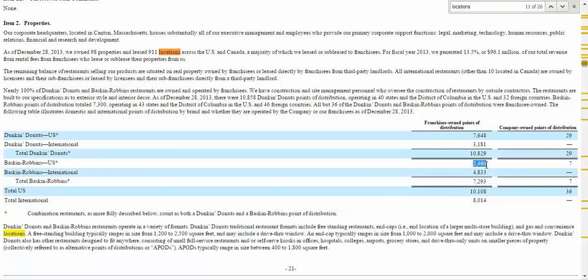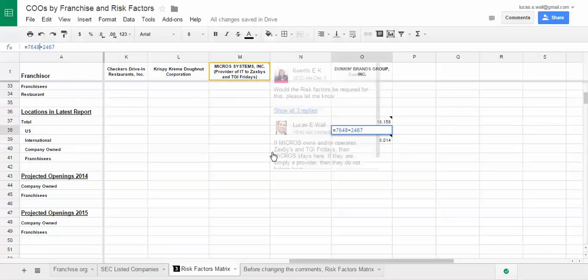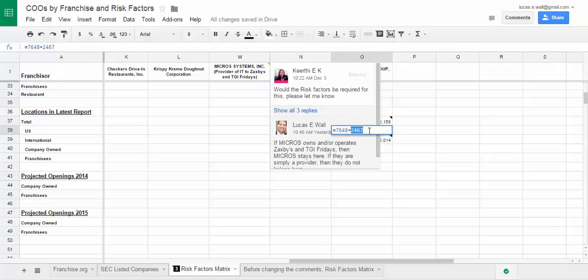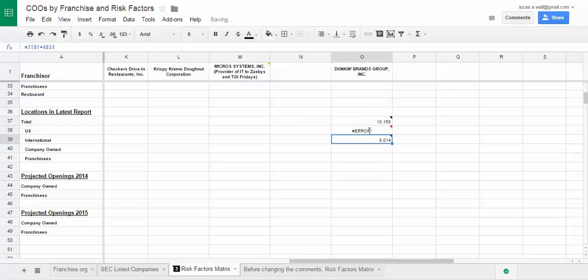I'm not matching the right numbers. Baskin Robbins, 2,460. Okay, making a correction. Didn't like the format I used. That's much better.